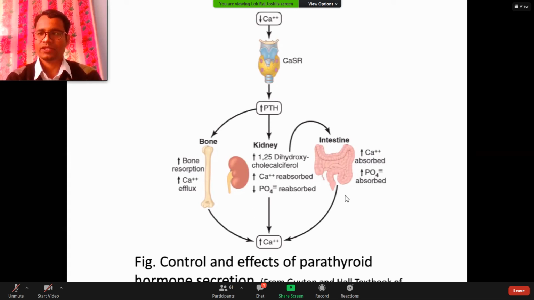From this relation, you can see parathyroid hormone is mainly concerned with plasma calcium ion level. Together with vitamin D, it will conserve calcium ions. And through the mediation of vitamin D3, it will also absorb phosphate ions from the intestine.